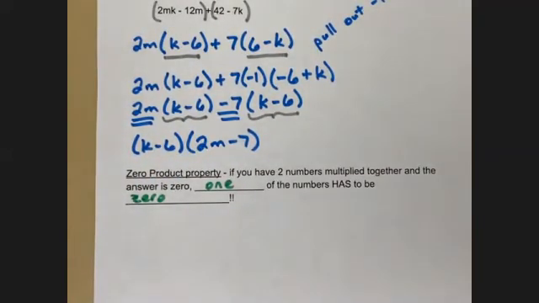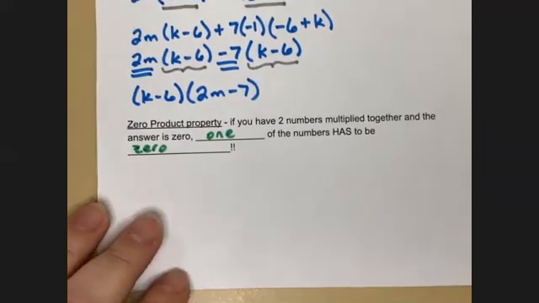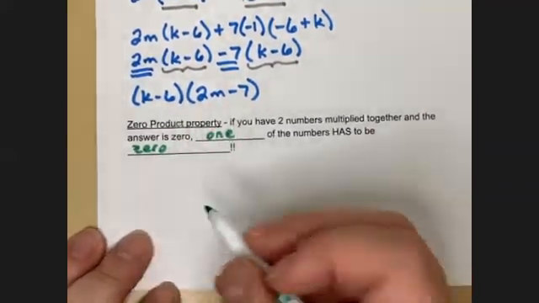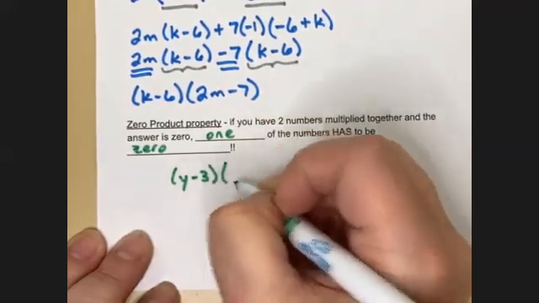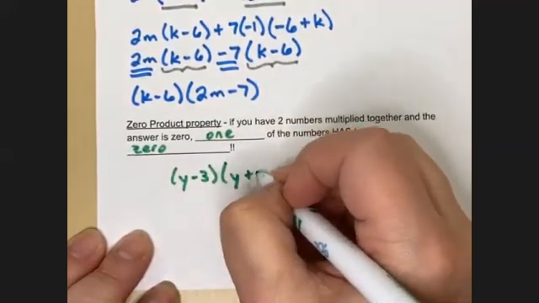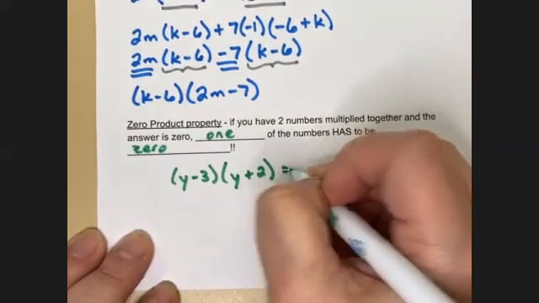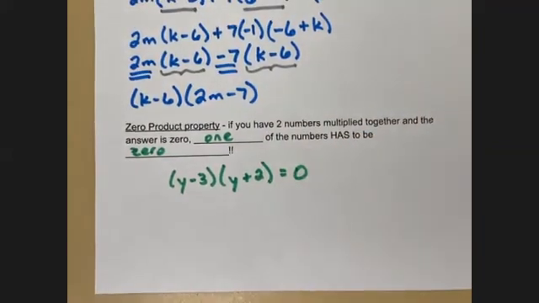So what does that mean? How does that help us? So if I have two things multiplied together, but let's say I have y minus 3 times y plus 2. And I said, oh, well, that equals 0.